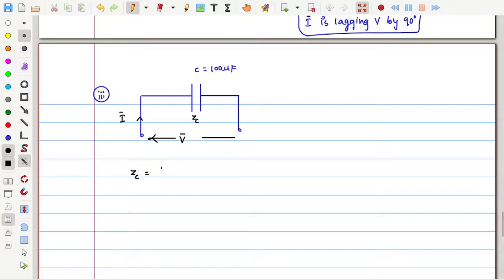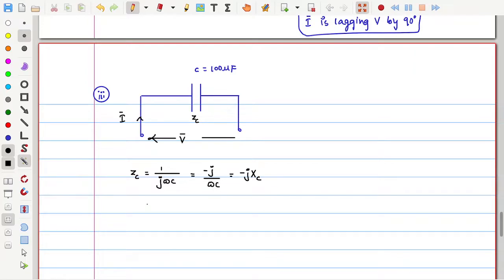How can I write capacitive impedance? In many forms. I can write it as 1 by j omega C. 1 by j can be written as minus j by omega C. This 1 by omega C can also be expressed as XC. It doesn't matter.